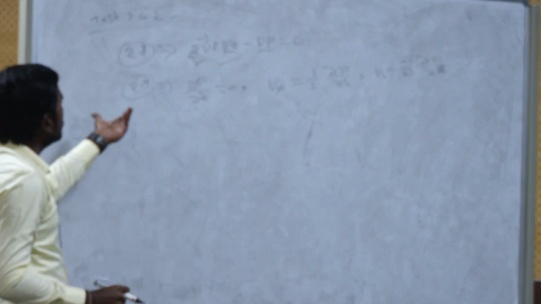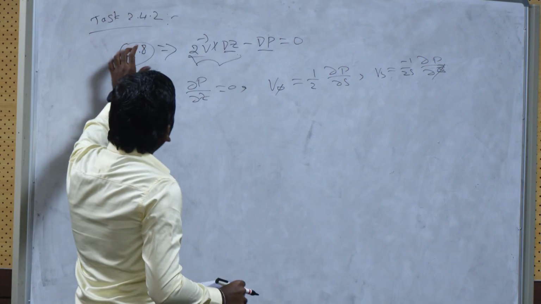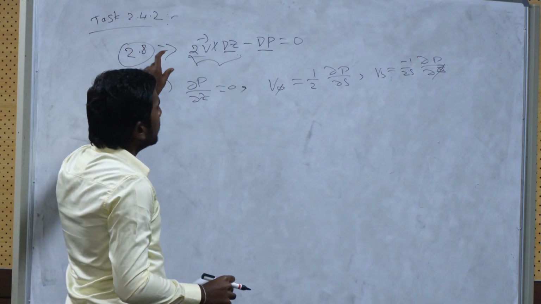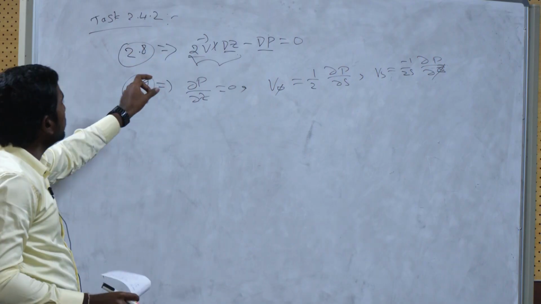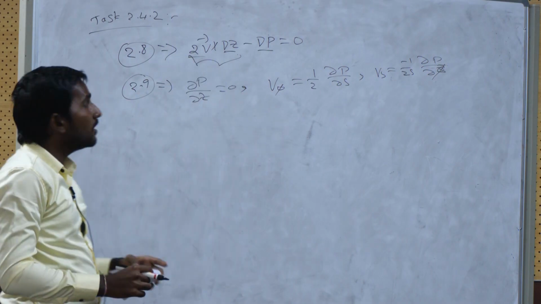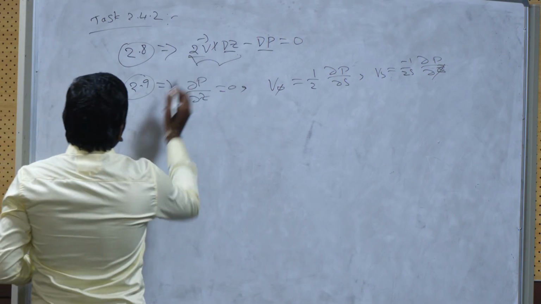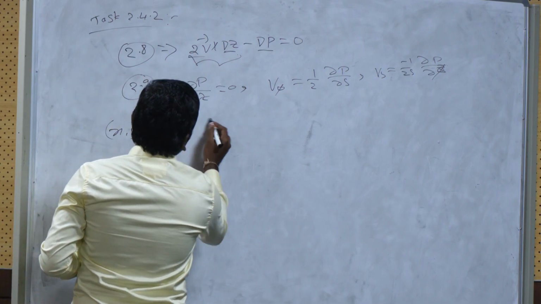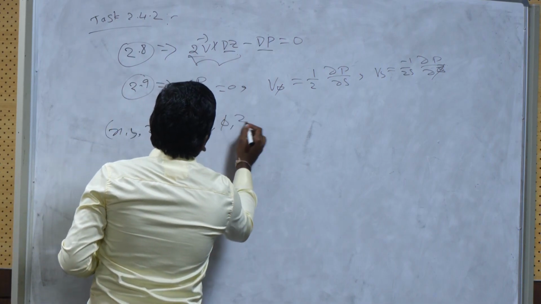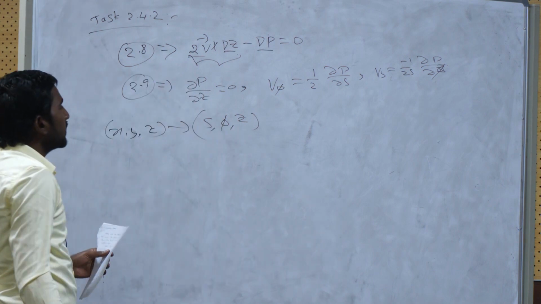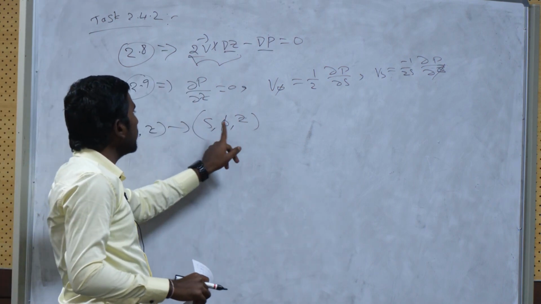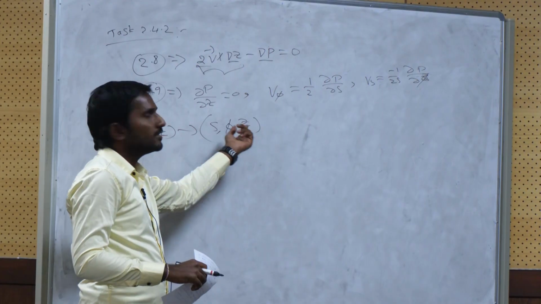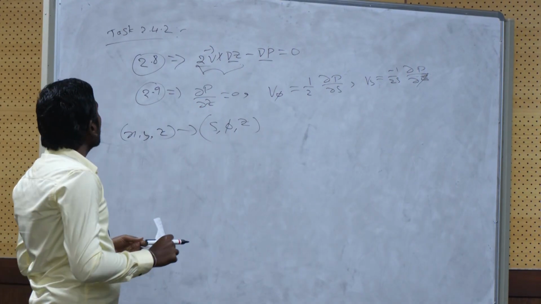Okay, to prove this 2.9, we are going to use the cylindrical coordinate system for the geostrophic momentum equation. So we convert from x, y, z to s, phi, z, where s is the radial component, phi is the azimuthal component, and z is the vertical component.